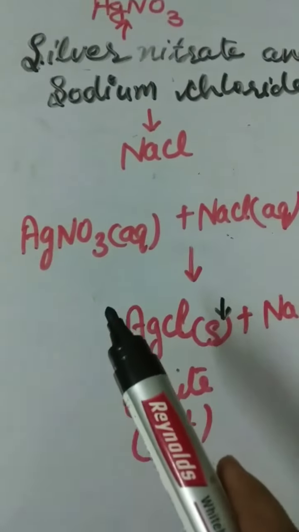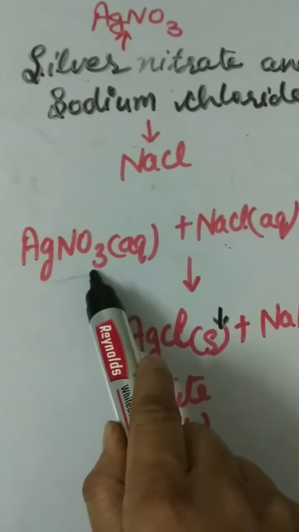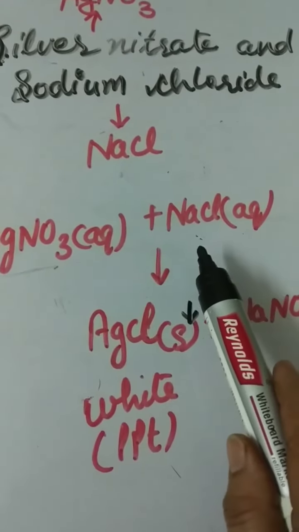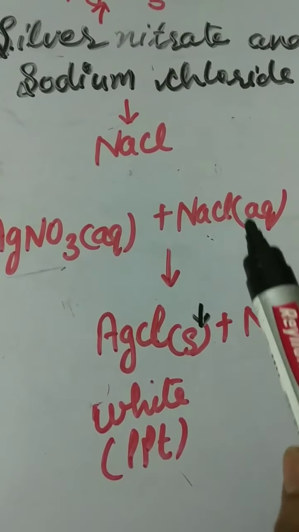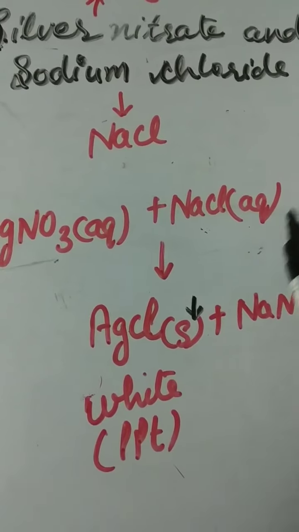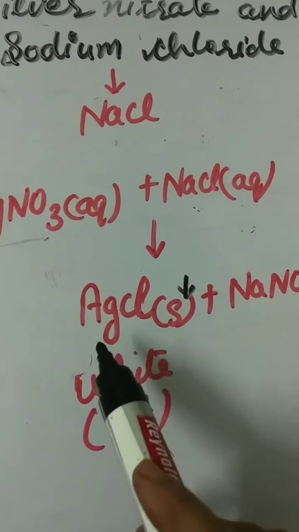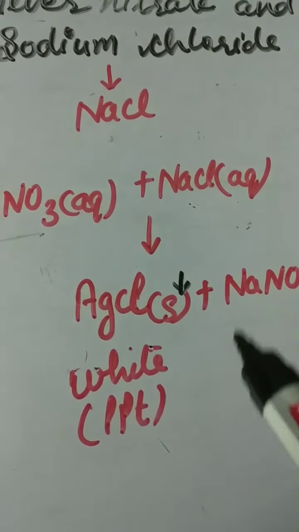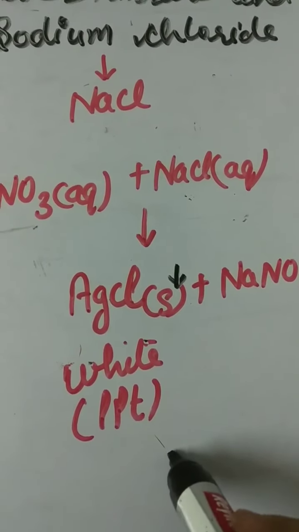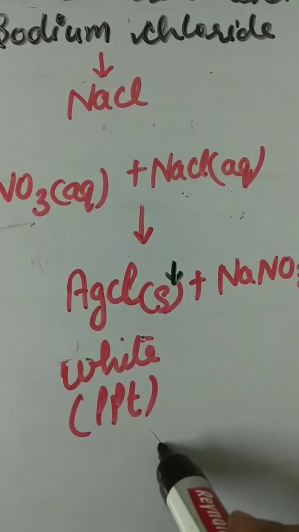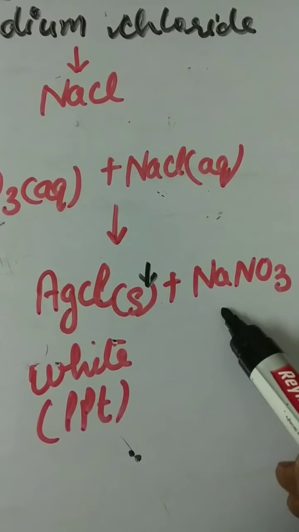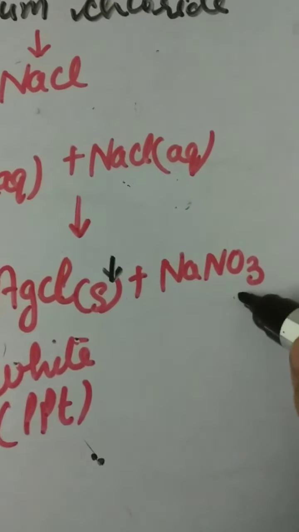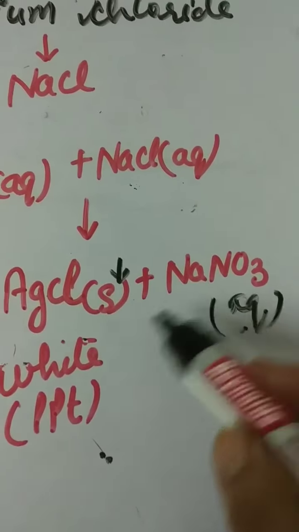When aqueous solutions of silver nitrate and sodium chloride, which are colorless, are mixed together as reactants, they form silver chloride, which is white in color and is a precipitate. Another product is sodium nitrate in aqueous form, which is colorless.